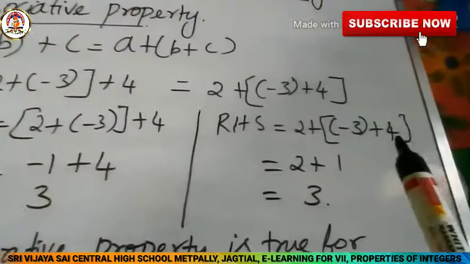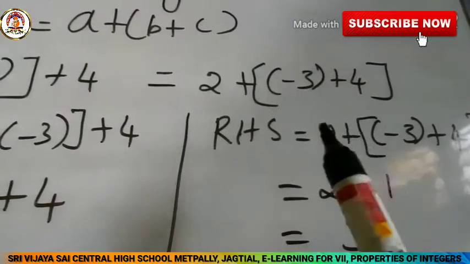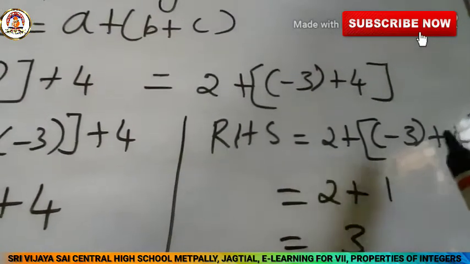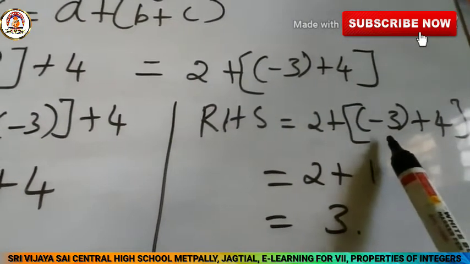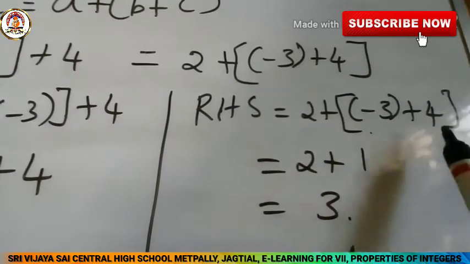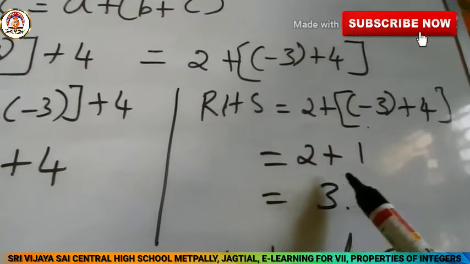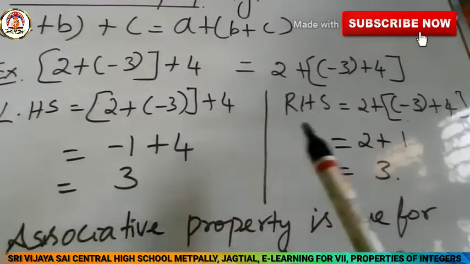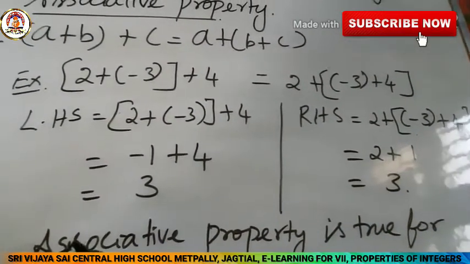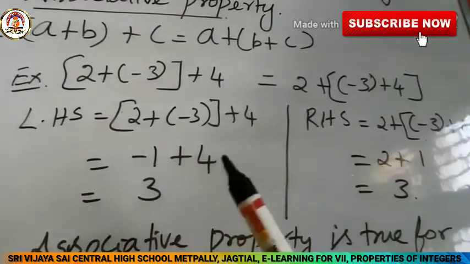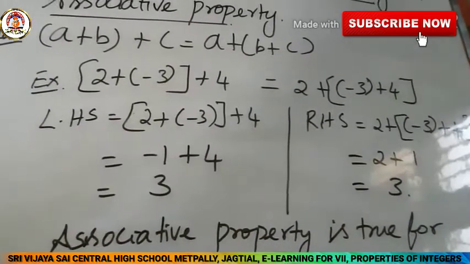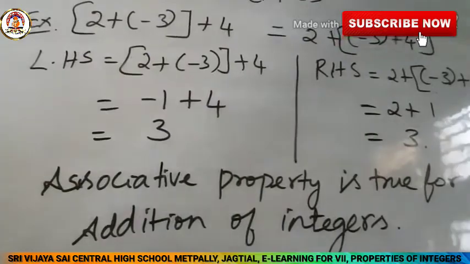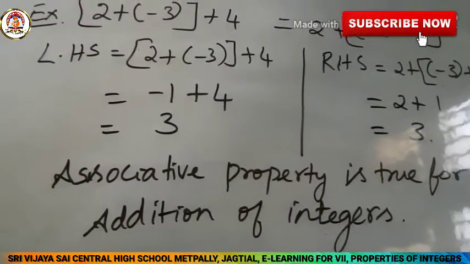Coming to the RHS, we calculate the bracket first: -3 plus 4 gives 1, and adding 2 and 1 gives 3. So here also 3 and here also 3. Both LHS and RHS are equal, so the associative property is true for the addition of integers.